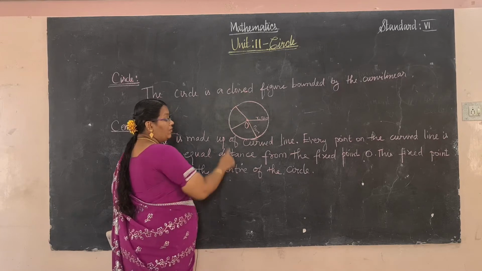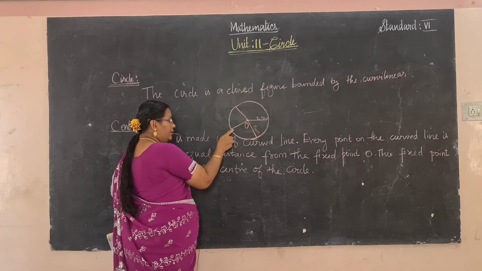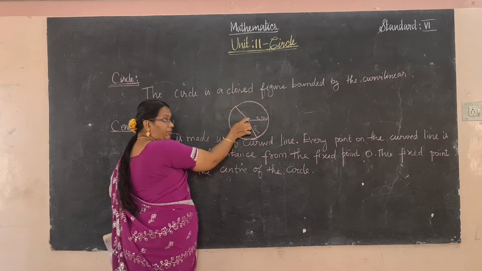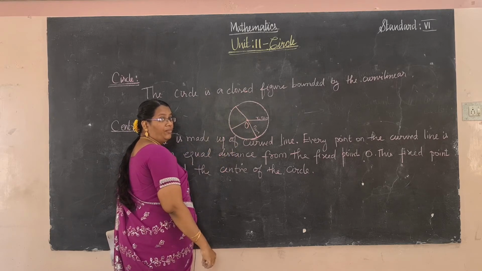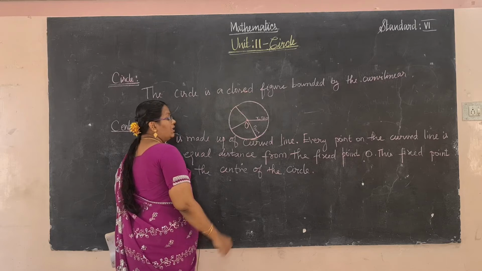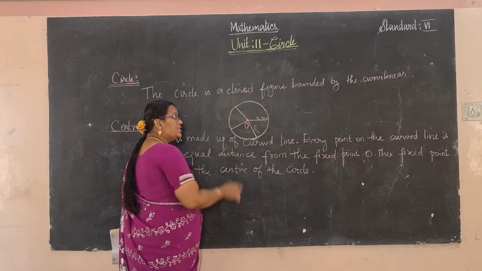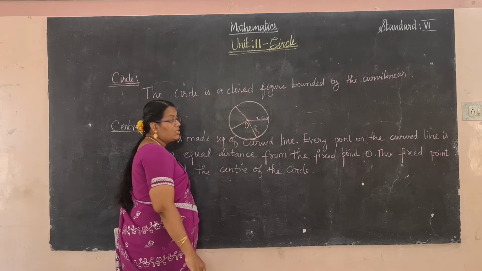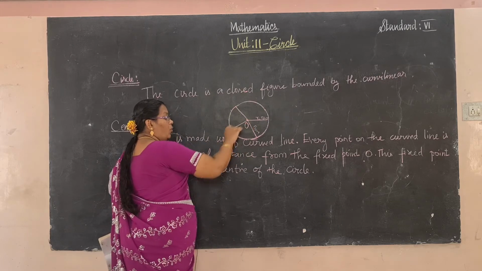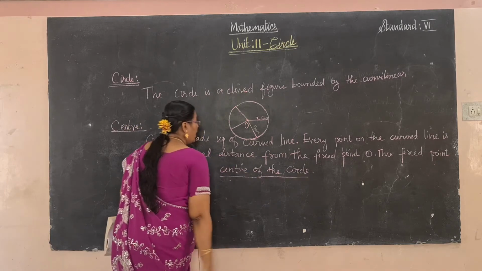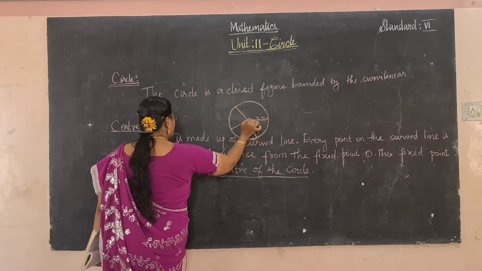Every point on the curved line is at an equal distance from the fixed point, denoted by O. This fixed point is called the center of the circle. And next one, radius.